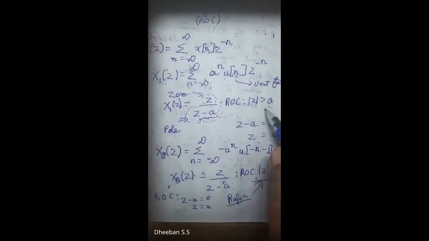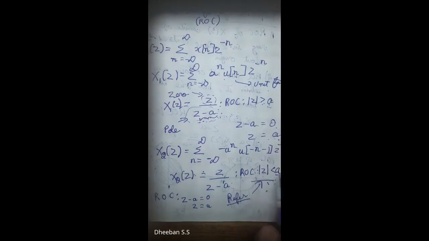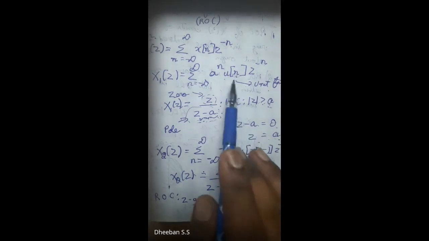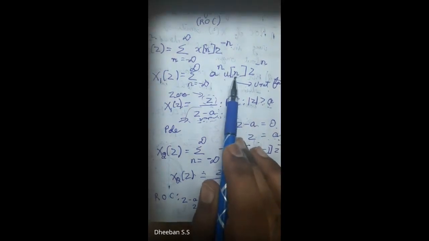For the ROC, this sign differs. Why does it differ? The tricky part here is that you have to check with the signal. Here the signal is right-sided, it is positive.